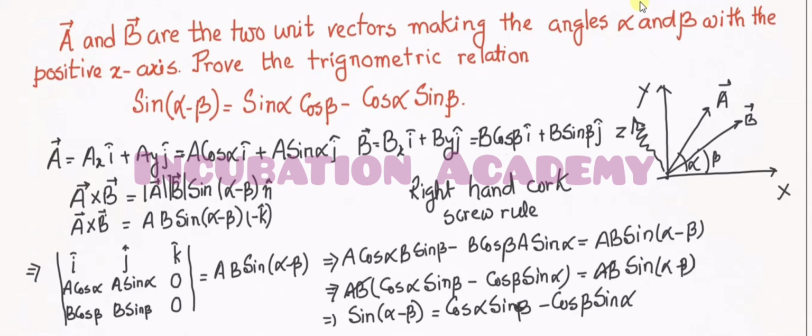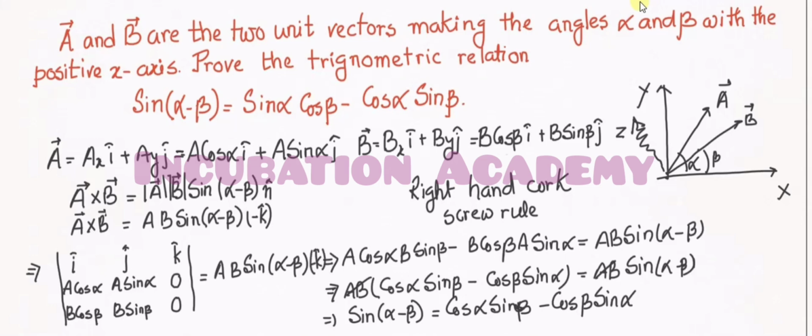The right hand corkscrew rule says, to find the direction of the corkscrew, this convention is used: if you place all the fingers of your hand towards A and curl them around towards B, then the thumb points inwards, so it is along the minus k cap. So a minus sign is always incorporated here.